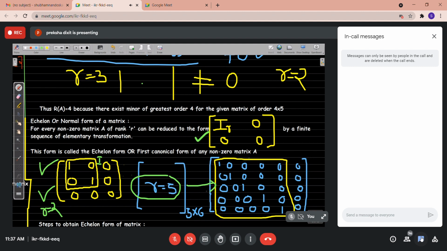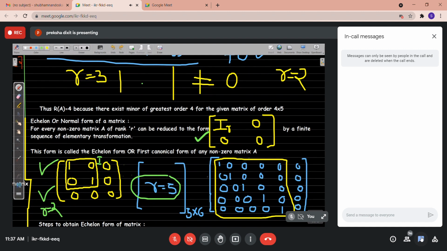That means its echelon form is going to look like this matrix, in which I have entered an identity matrix of order 5 and the rest of the elements are entered as 0. So if this any non-zero matrix is reduced by some elementary transformation to this format, that form of a matrix is going to be known as an echelon form or first canonical form of a matrix.